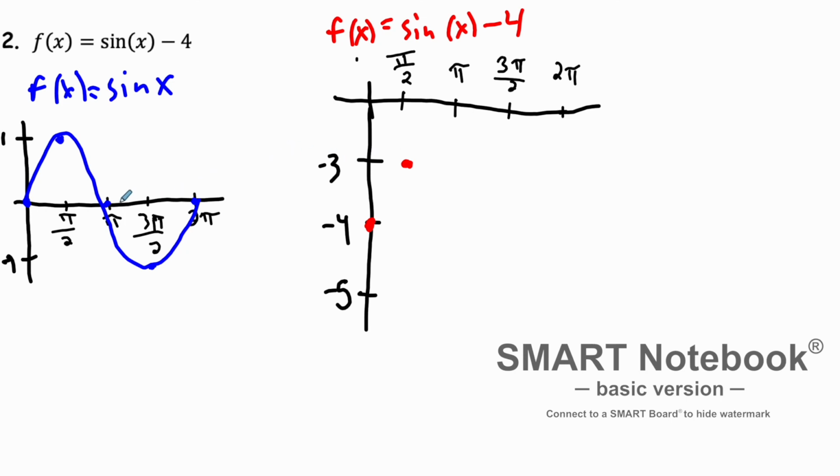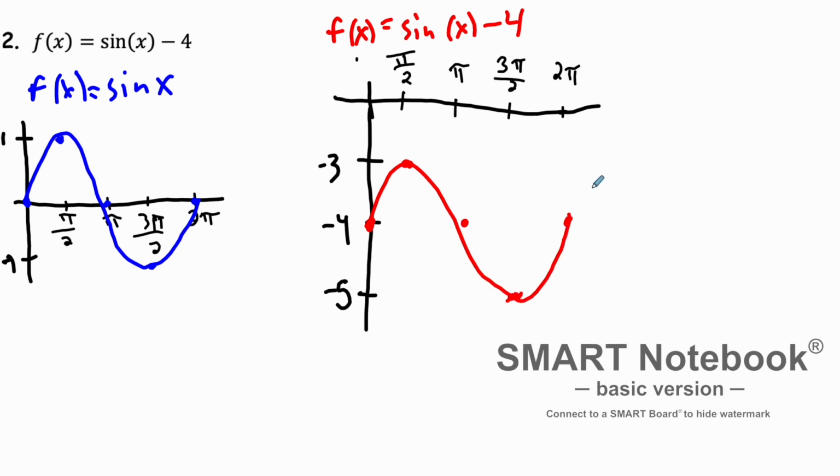Pi was at 0. 0 minus 4 means pi will now be at negative 4. 3 pi over 2 was at negative 1, and negative 1 minus 4 gives me negative 5, so that'll be down here at negative 5. And 2 pi, we have to end where we began, but again, if you start out at 0, minus 4 gives me negative 4. So we go up through our points, down here.